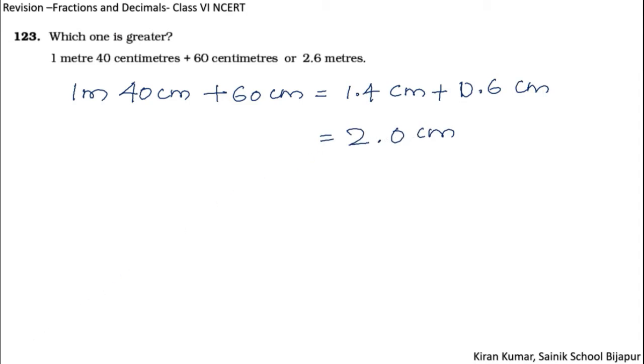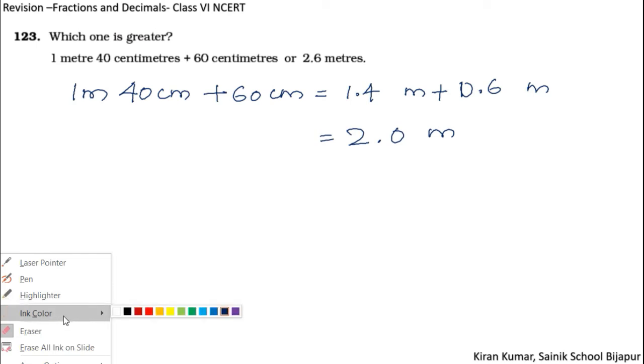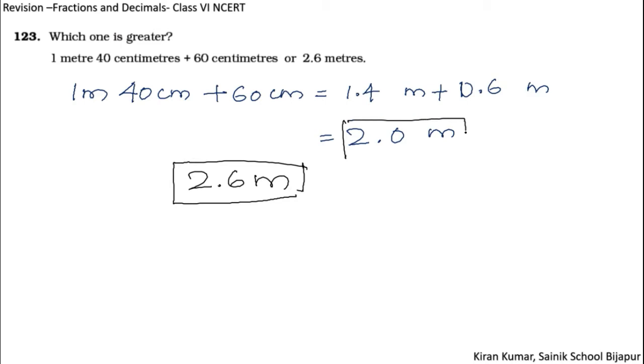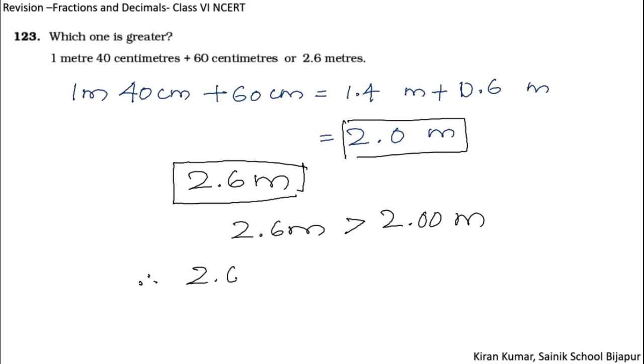Sorry, here I have made a mistake. This is not centimeter. When I convert, it is meters. So I get 2.0 meters. One more is 2.6 meter. Compare this with this, we get clearly 2.6 meter is larger than 2 meter. Therefore, 2.6 meter is larger than 1 meter 40 centimeter added to 60 centimeter.